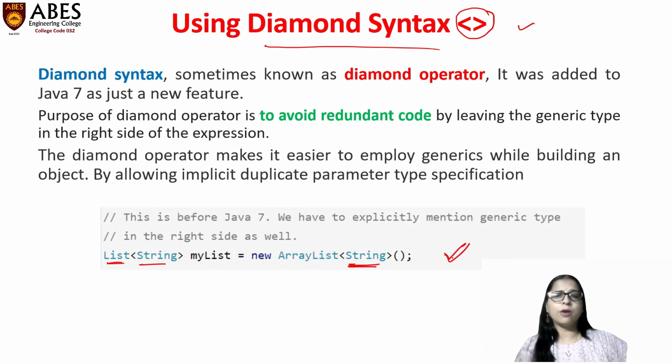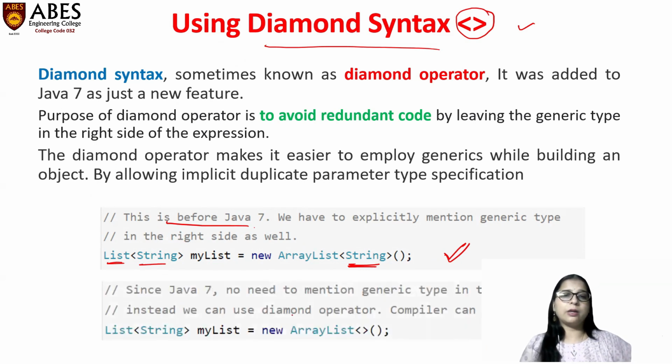This used to be done till Java 7 and before. But after Java 8 and beyond, we use a generic type, so the need for writing string on the right side can be avoided using this diamond.